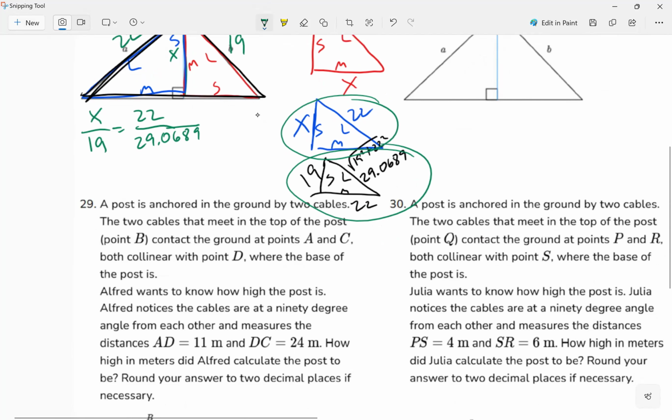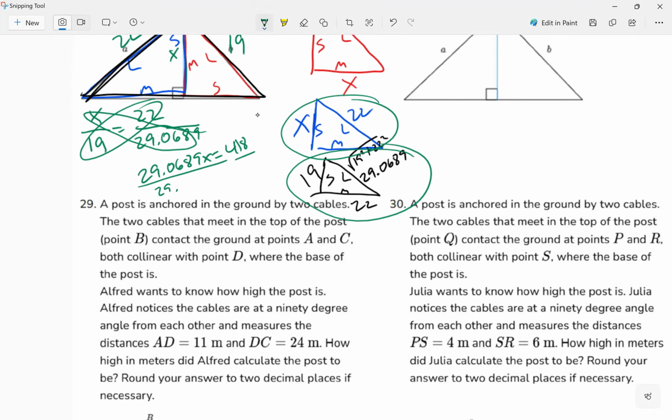Now we're going to cross multiply. 29.0689x is equal to, let's see, 22 times 19 gives me 418.